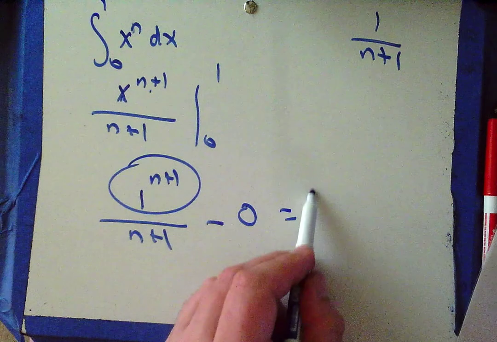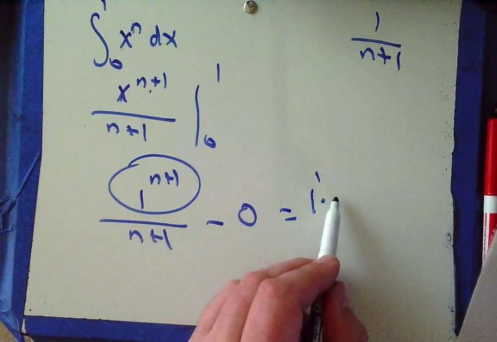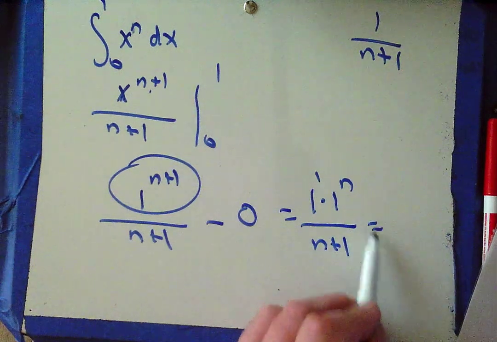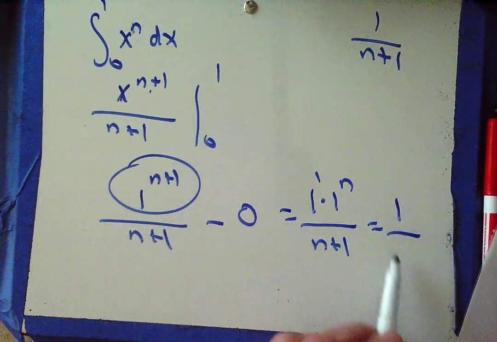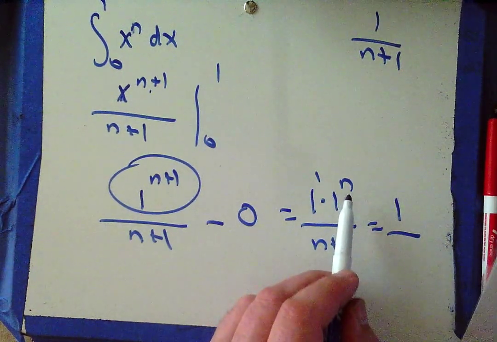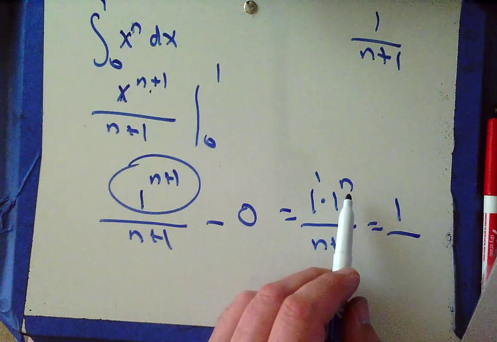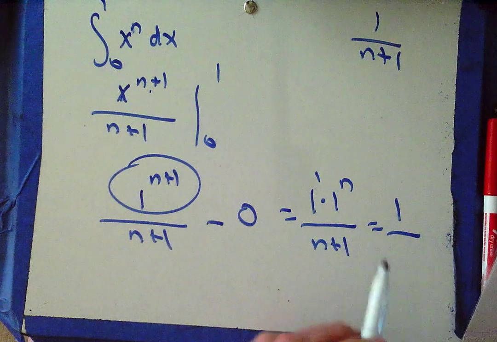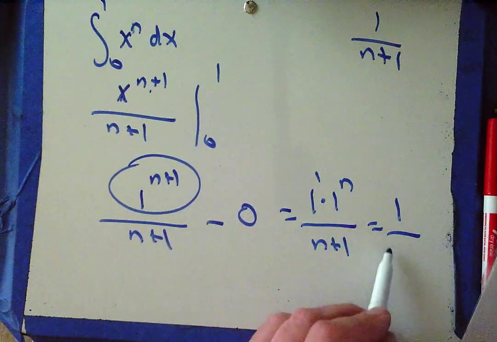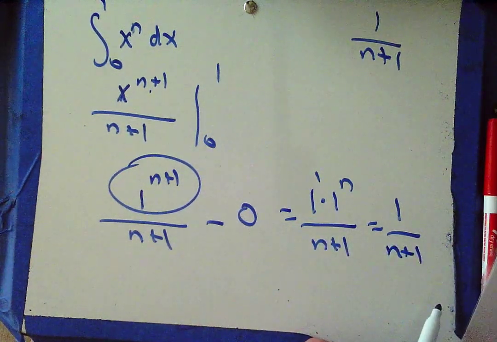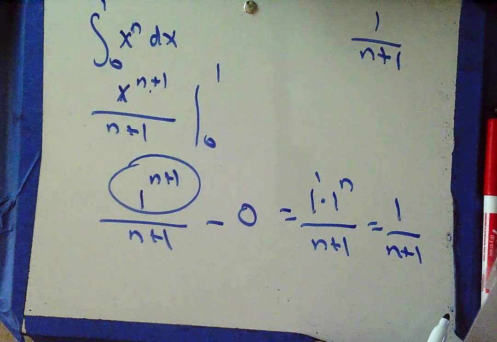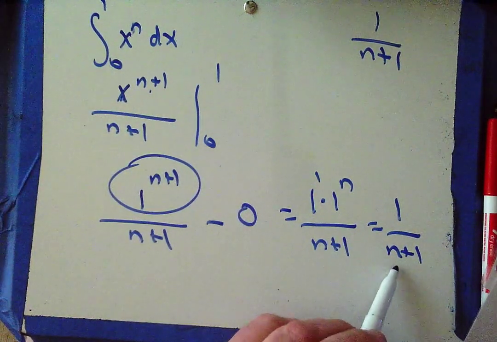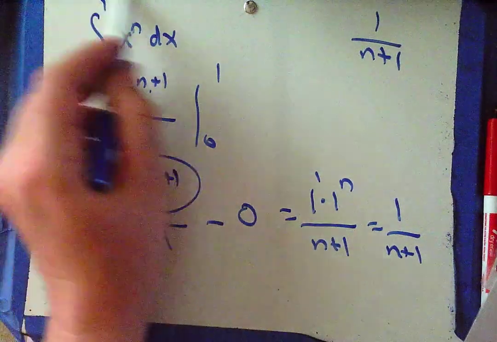And so now I have this part, which is 1 to the 1 times 1 to the n over n plus 1, which is 1 because n is bigger than 0. Yes, I hear you, not infinity. I get 1 over n plus 1. Okay, so on the interval from 0 to 1, I'm getting this as my value of that integral.